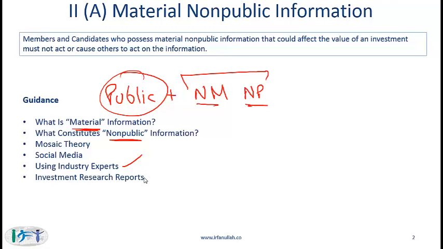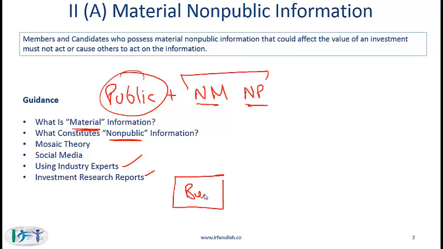Investment research reports. This is an interesting point made in the curriculum where, let's say you are a well-known investment research analyst, and generally when you issue a buy recommendation, then the stock price is impacted. So is the fact that you are going to issue a buy recommendation tomorrow material non-public information? It might appear to be, but there is a caveat.